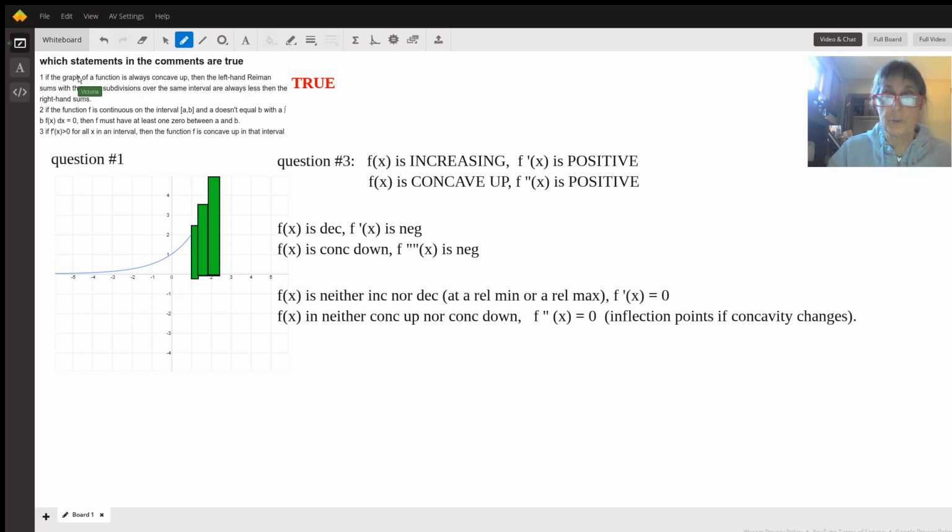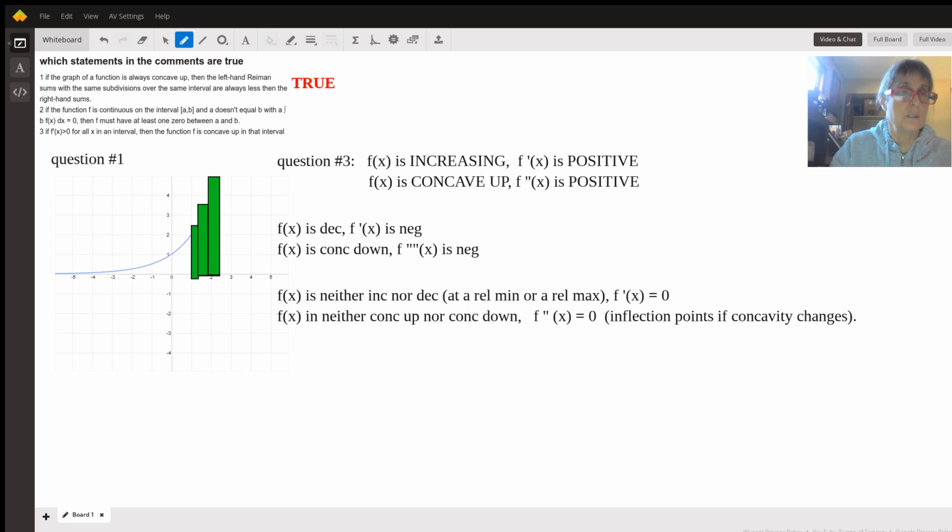So, looking at question 3, here's what question 3 is saying.